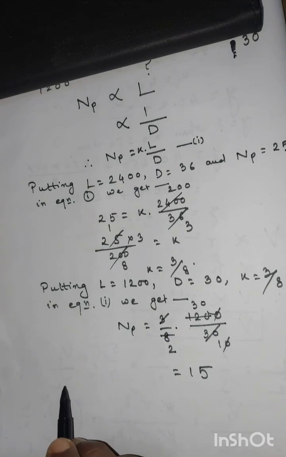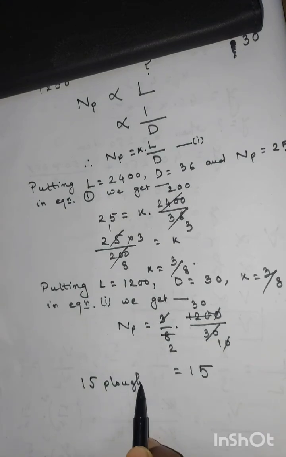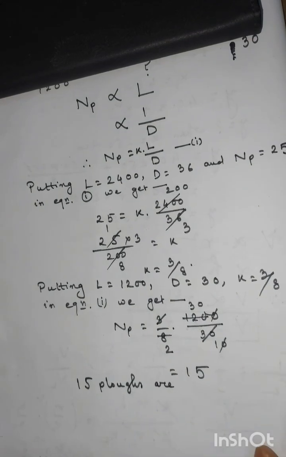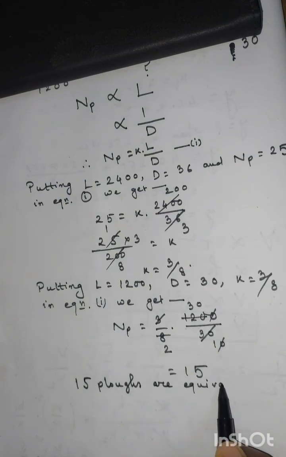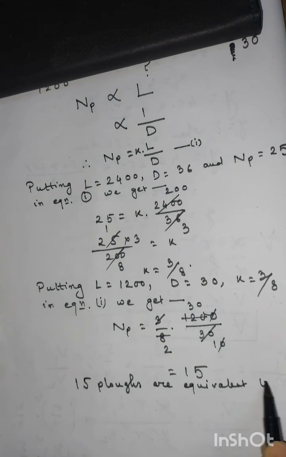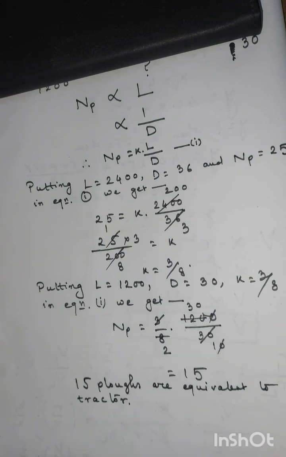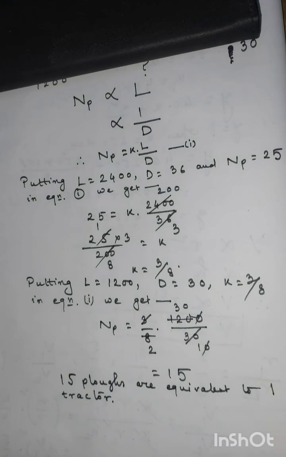So our answer is 15 plows are equivalent to 1 tractor. Okay, so this is done.